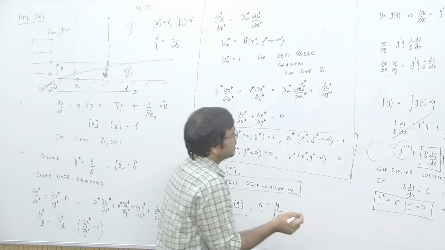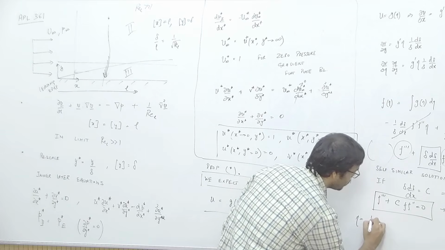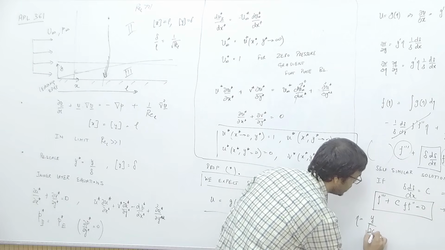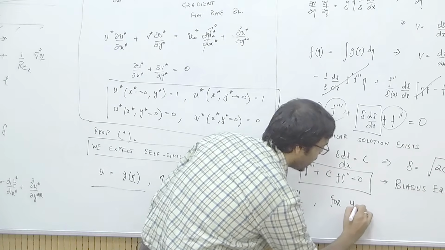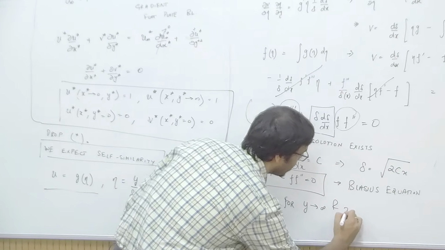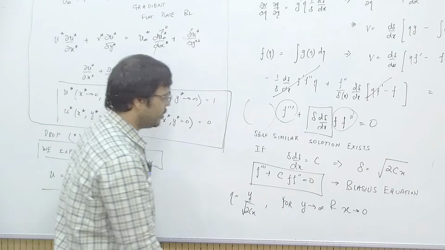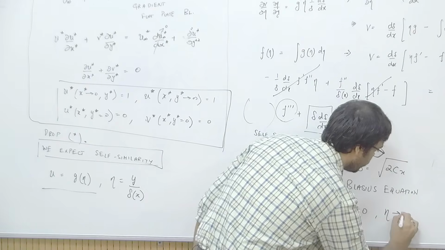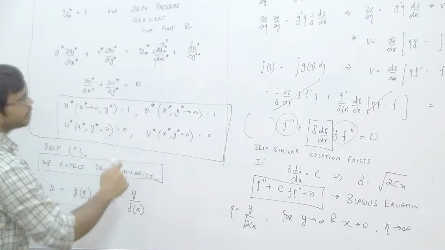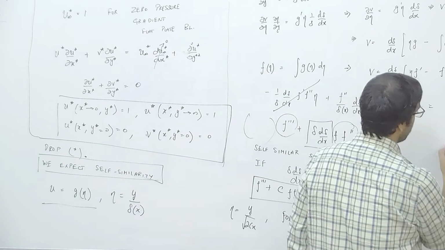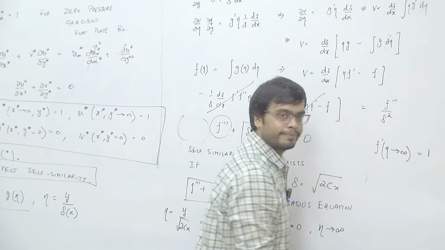Luckily it works out for us in this case, and that is if you have eta, which is y over square root of 2 c x, then we note that for both y tends to infinity and x tends to 0 individually, we have eta tends to infinity, and both of the conditions will give us that f prime eta tends to infinity equals 1.